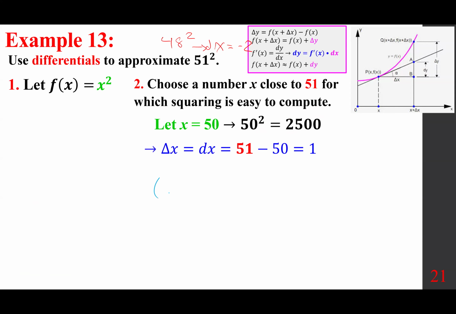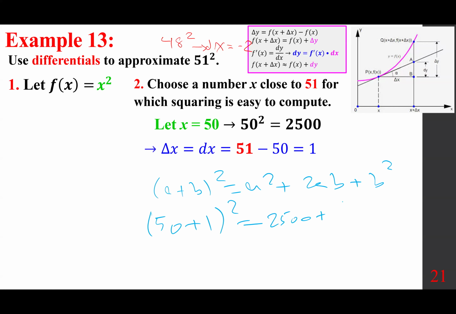What I want to remind you, quickly, is that a plus b squared is a squared plus 2ab plus b squared. Probably when you were studying that, one of the examples they gave you was this. So you can easily do this in your head. 50 squared is 2500. 2 times 50 times 1 is 100, plus 1 squared, and you get 2601.